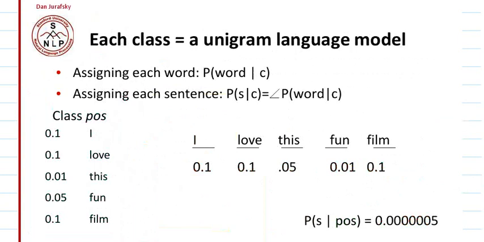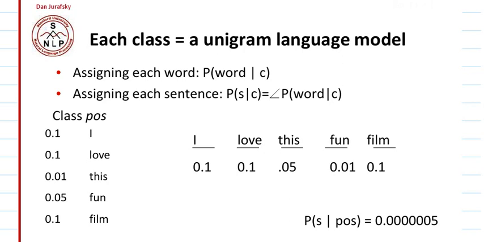So this is an example here for sentiment analysis. With the help of the unigram model or bag of words model, this is a sentence, I love this fun film, and for each word we have calculated the probability of the word given the class. Finally we can calculate the probability of the sentiment given positive. We can also calculate it given negative with the help of the words present in the sentence, right?